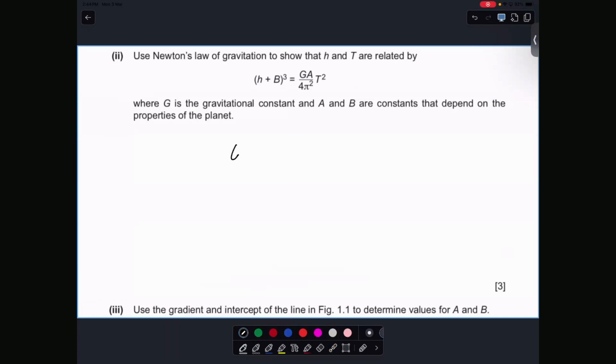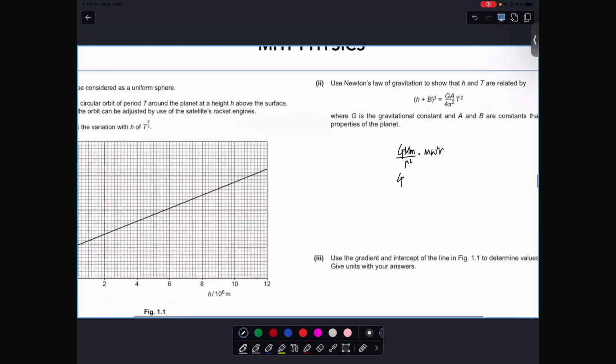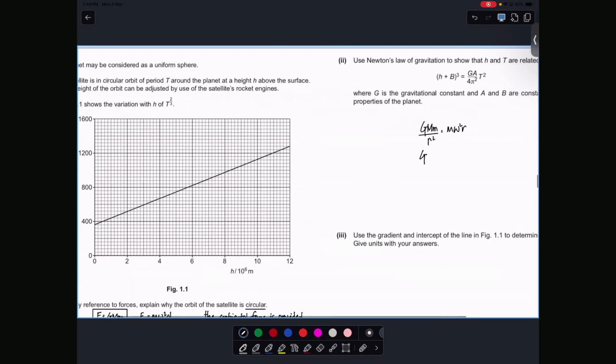Right, so GMm divided by R square equals m omega square R. Just এখানে আমাদেরকে values গুলো properly বসাতে হবে। So G is G, mass টা কি হবে? Mass হচ্ছে A. How do you figure that out?